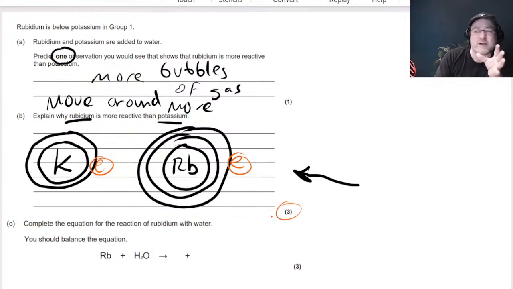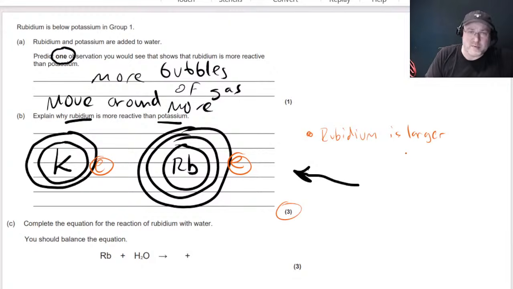I will always try and say 4 things here. That's just the way it is. So what I'm going to do is say rubidium is larger. Now you can do the alternative answer and argue potassium's case. Potassium is smaller, but I'm going with the rubidium explanation. Rubidium is larger, greater atomic radius if you want to get funky.